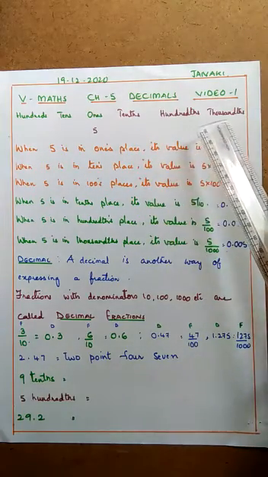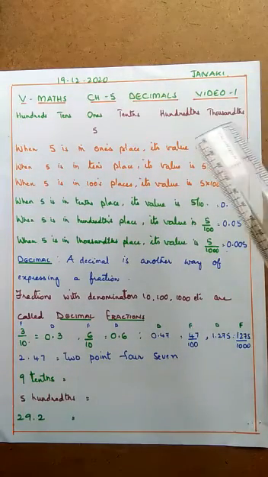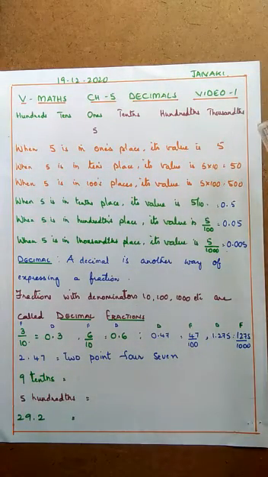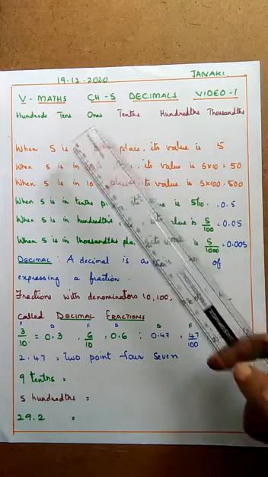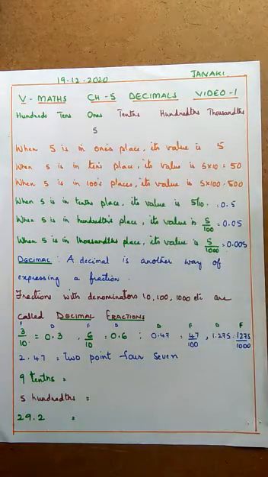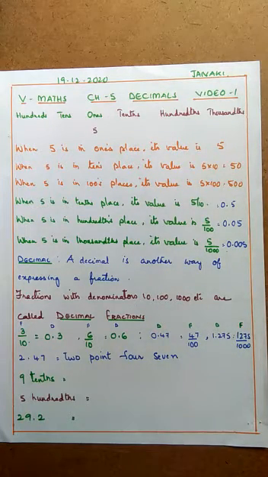And when it moves to the 3rd place, its value decreases by 1000 times. That is 5 by 1000. Here we have taken 5 as an example. So this is how we write the value of the number when it decreases 10 times.